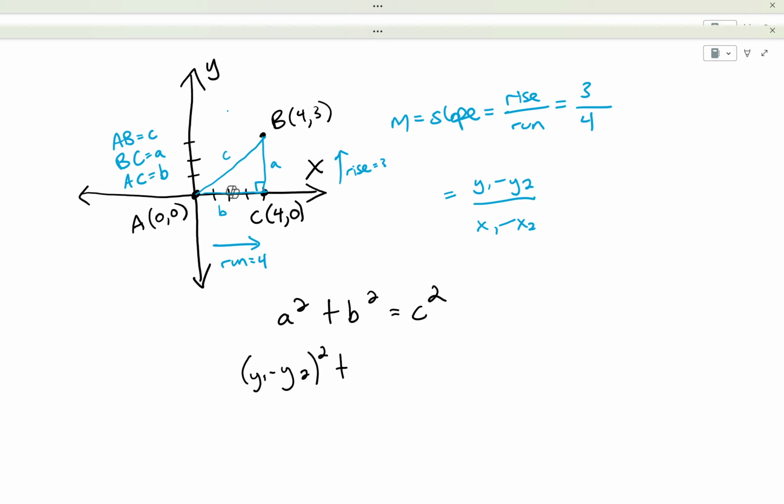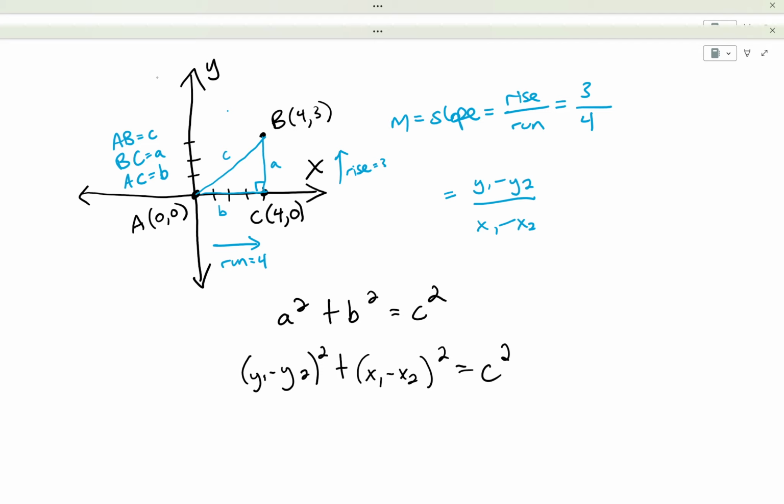All right. Now, b squared. That's the run, the denominator, which is going to be x sub 1 minus x sub 2, which was that value 4 we had over here, which is lowercase b. So we're going to replace b with the run, x sub 1 minus x sub 2, and we're going to square that, and that's equal to c squared.